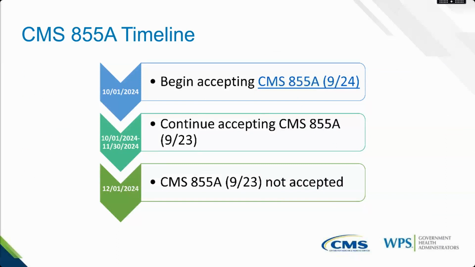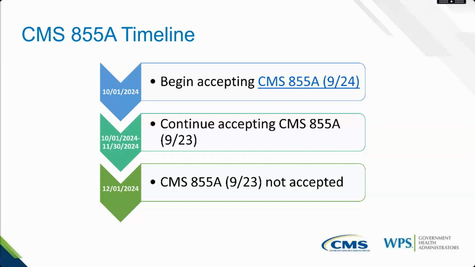The exception to this is going to be for those skilled nursing facilities. SNFs have been required to submit the 924 version of the CMS 855A since October 1st. If we receive, say, for an initial SNF, a 923 version, that is going to be returned and we will be requesting the 924 version.